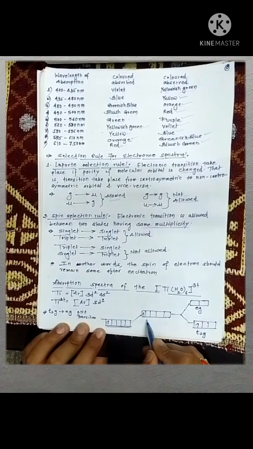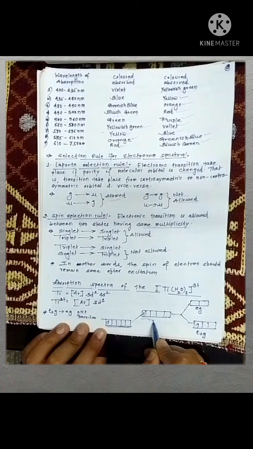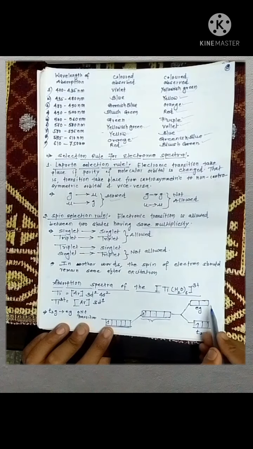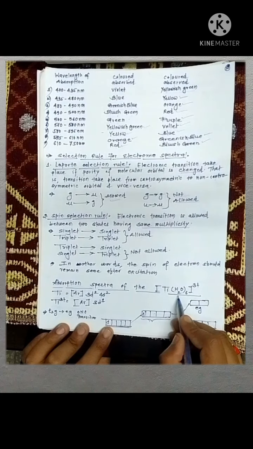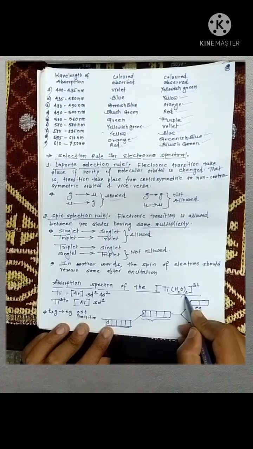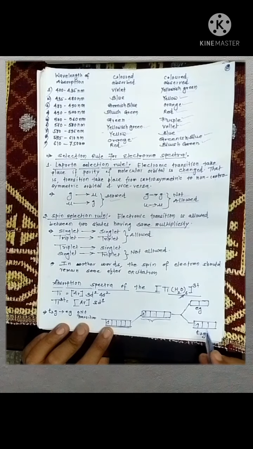In the presence of ligands, these d orbitals increase in energy, but they are in a degenerate state. When ligands come close to the metal, that is titanium, this set of orbitals splits into two sets, the t2g set and the eg set. Why does it show octahedral splitting? Because it has 6 ligands.